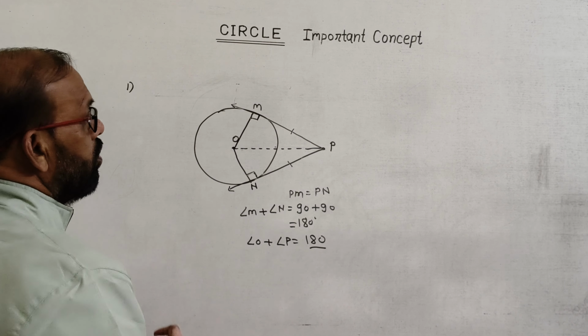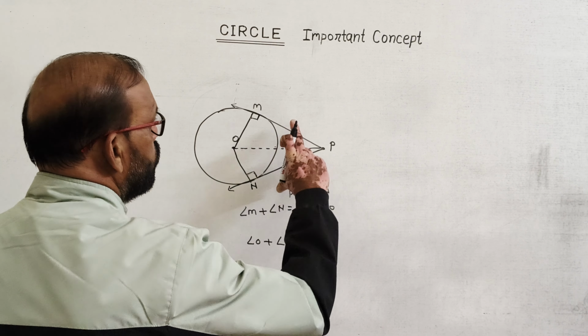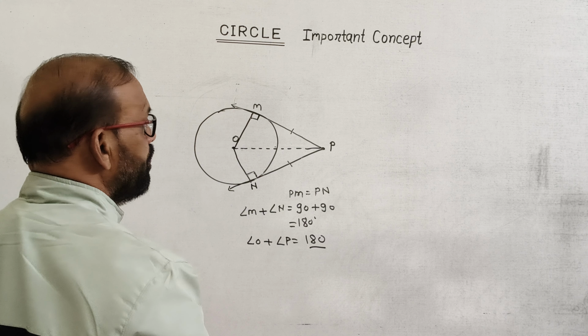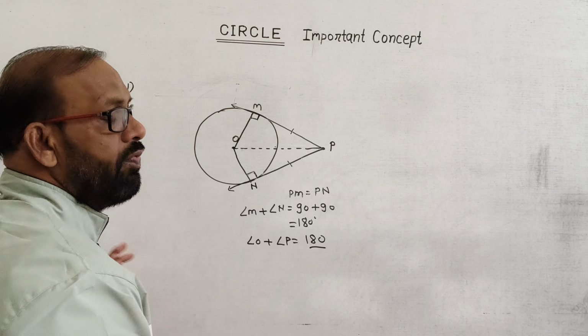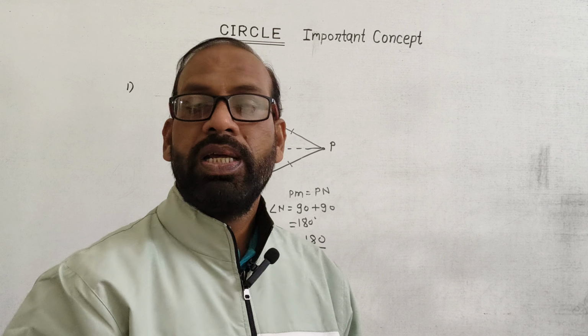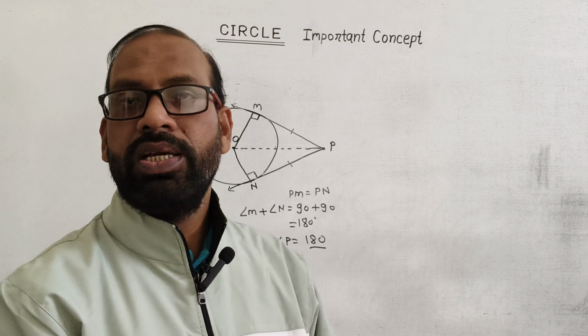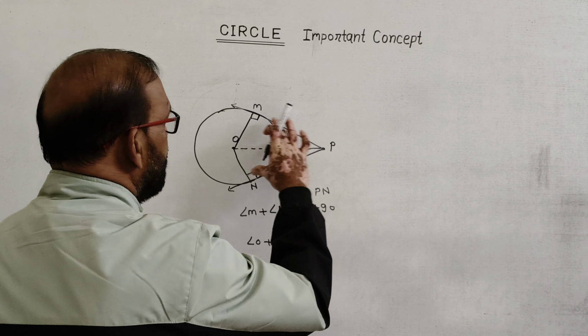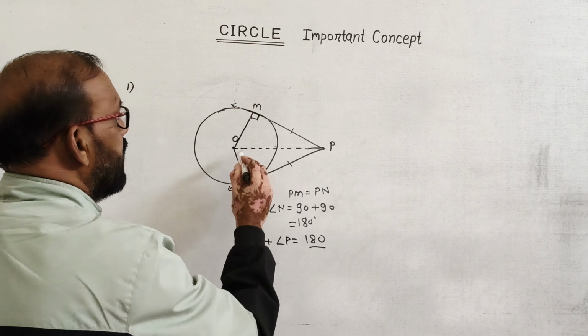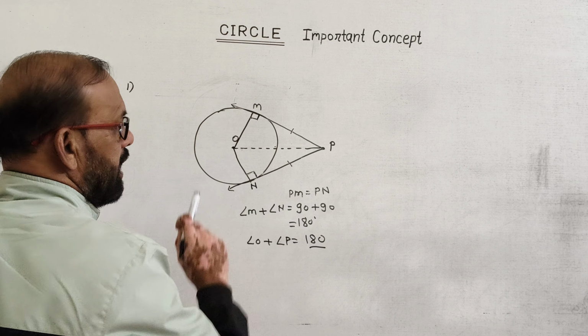So by the congruency rule, these two triangles are said to be congruent. Why? Because by the property of tangents drawn from an external point, they are always equal in length. So these two tangents are equal in length, these two radii are equal, and this OP is common for both the triangles.